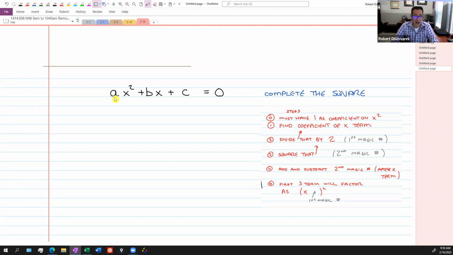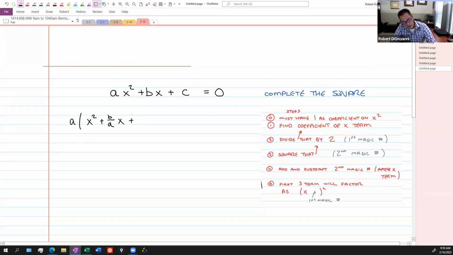So we can't have an a. I need to factor an a out. Watch me factor the a. Pull the a out. I will have the x squared here. And then if I pull an a out from the b, it would have to turn into b over a in front of x.